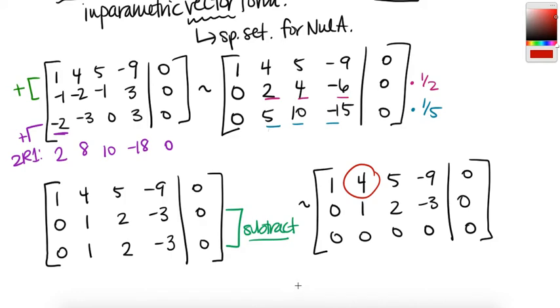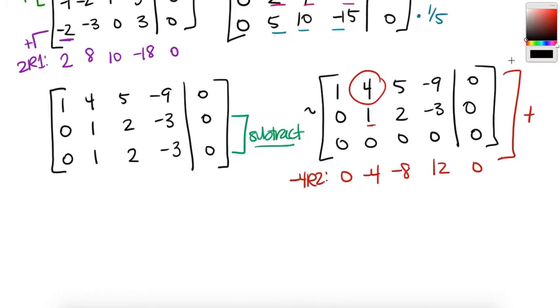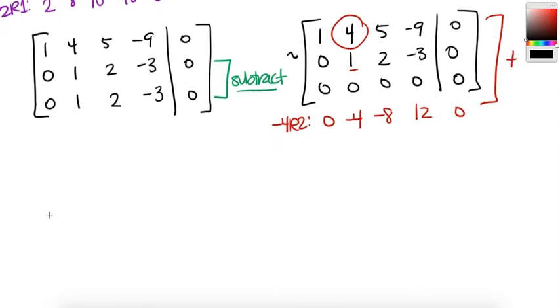So what I am going to do is use this pivot of 1 to do it. I am going to do -4 times row 2, and that's going to be 0, -4, 2 times -4 is -8, 3 times -4 is +12, 0, and we're going to add those together. And let's see, so we're going to get our reduced echelon form here.